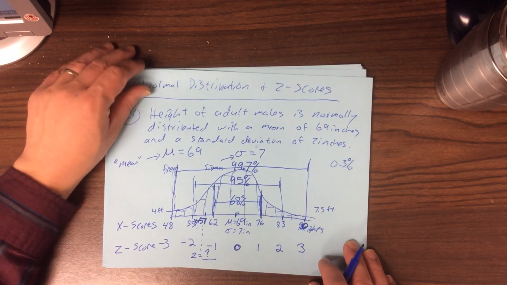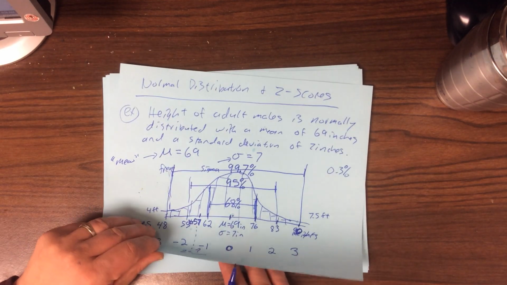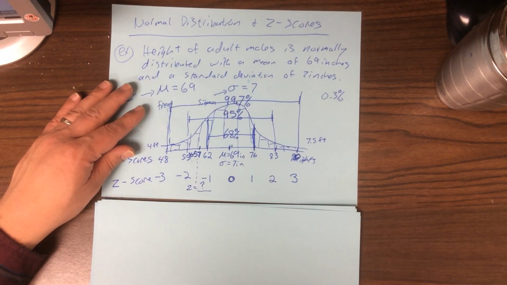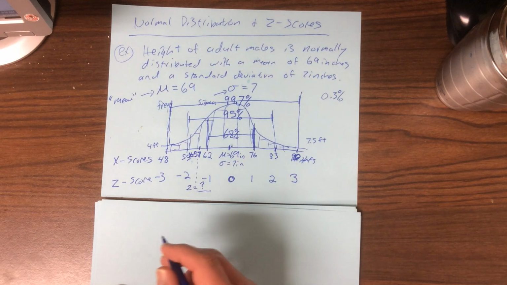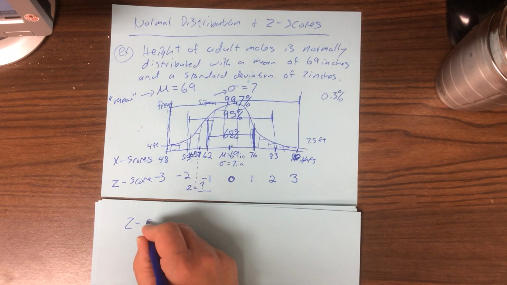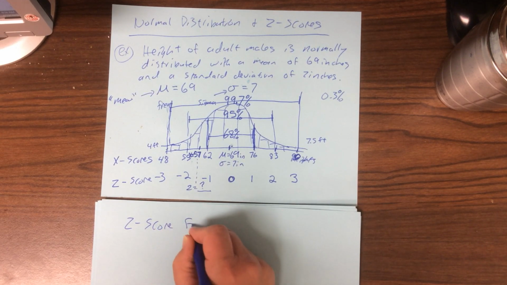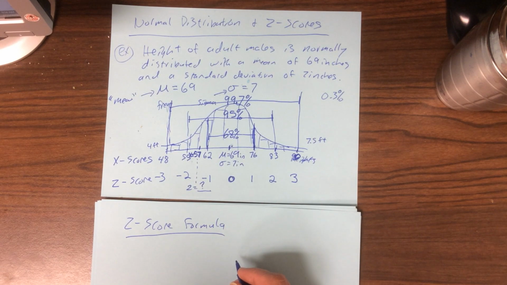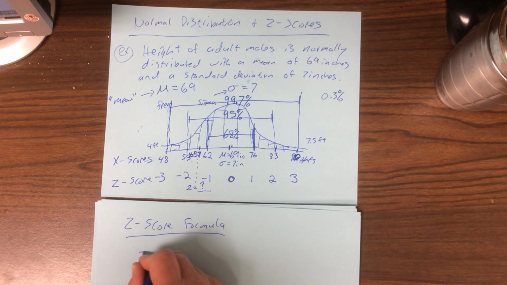Well, there's a formula for that. We can call this the z-score formula. The z-score formula is the following.